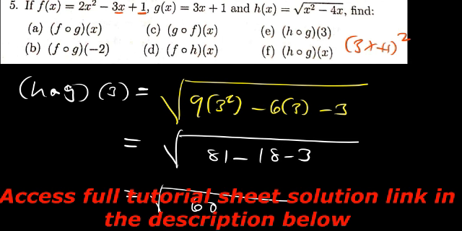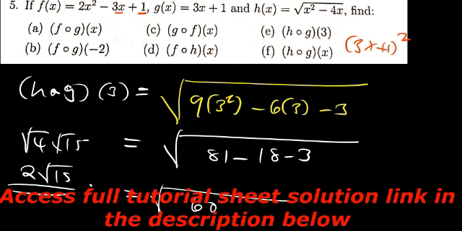Should I use 4? 4 into 60, 15. So I can say root of 4 times root of 15. So that will be 2 root 15. That's the answer. But if you want, you can leave it there. It's fine. So try to check if at all I've made any mistake, and then try to correct the mistake that I've made.